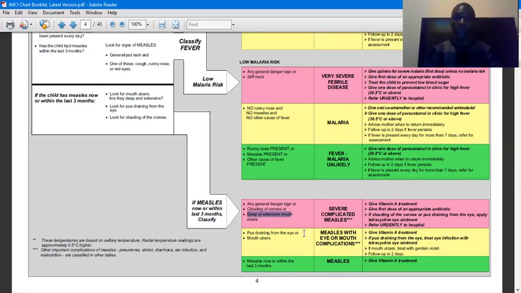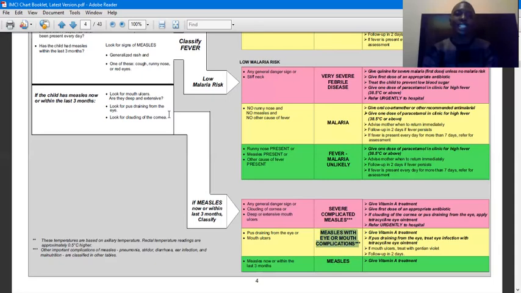Then apart from that, the same IMCI booklet says, if the child presents with fever and this fever is accompanied by pus draining from the eyes or mouth ulcers, you classify the fever that the child has as measles with eye or mouth complications.